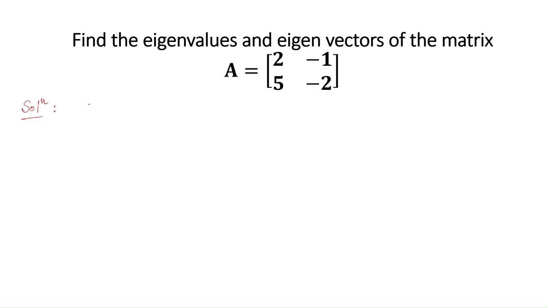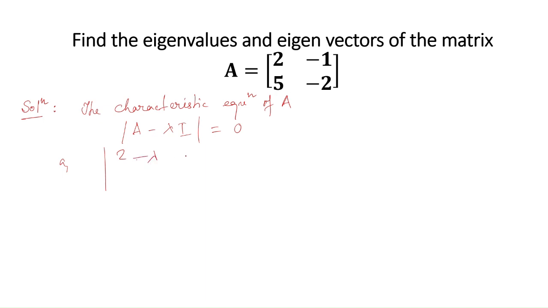The characteristic equation for this given matrix is determinant of A minus lambda I equal 0, which is |2 minus lambda, minus 1; 5, minus 2 minus lambda| equal 0.